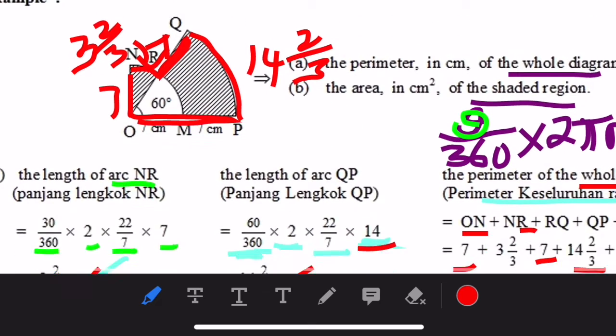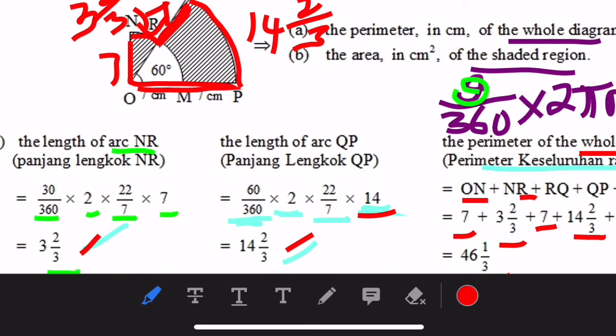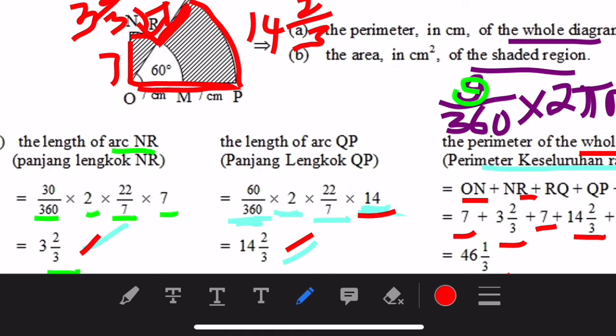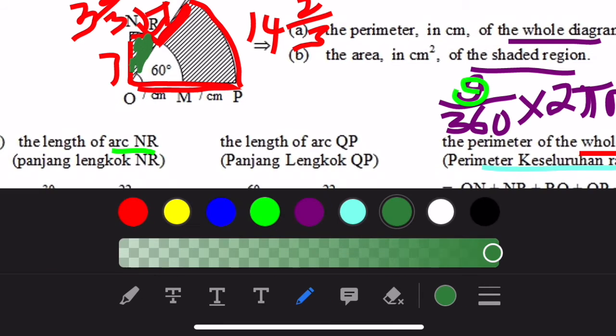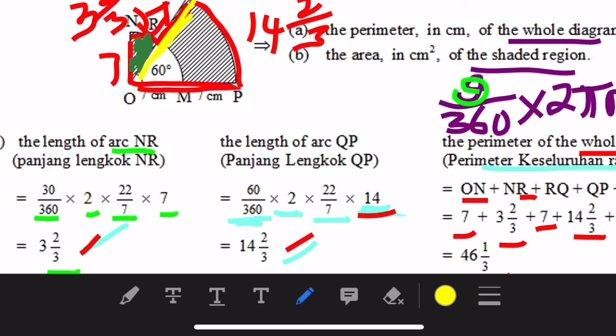Okay, now if I want to find the area, that means I have to find the area for the small one, for this sector, and then I have to find the area for the big one, this sector first. Then I have to minus out the sector inside 60 degree, right?